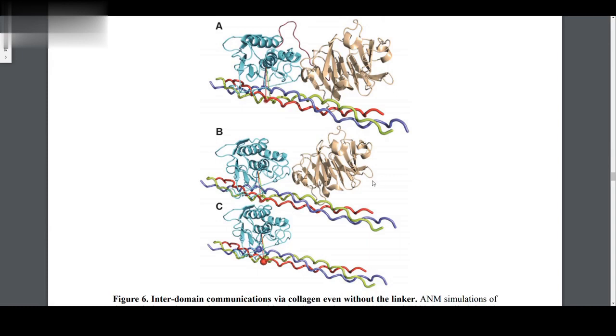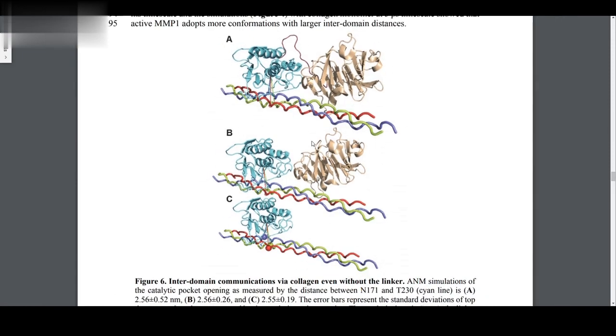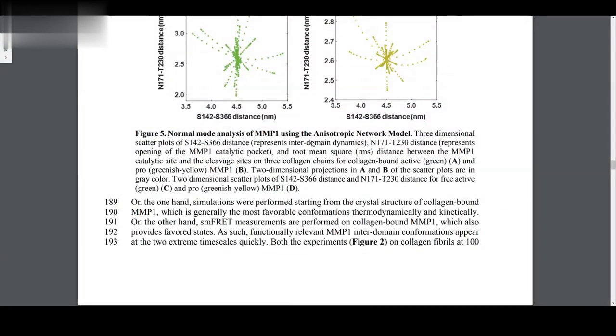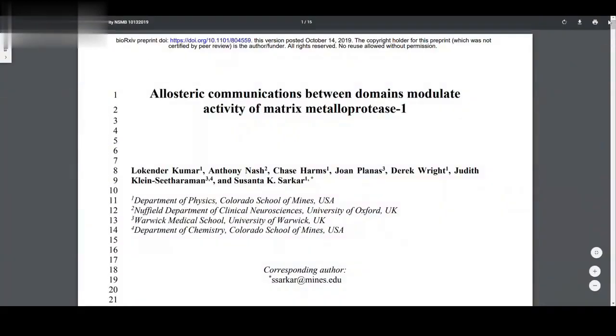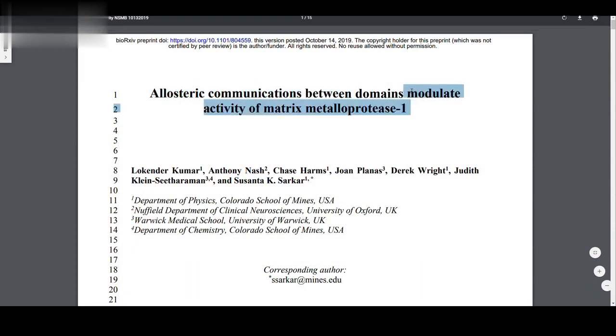And communication between these two domains results in the modulation of the activity of matrix metalloprotease 1. So that was the theme of this particular article, and we have done a lot of experiments to explain that. As you can see, this was the hypothesis and that was the result. So we have result as well as hypothesis in the title section.